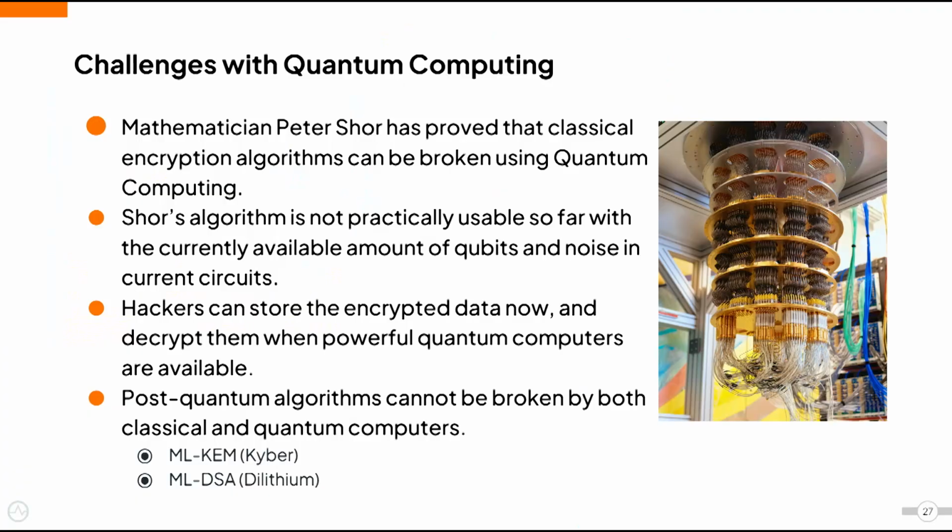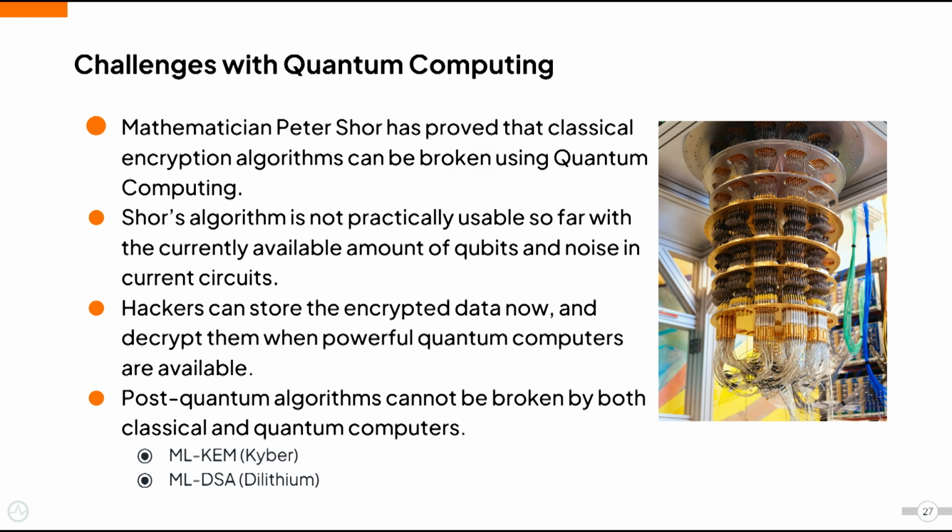Finally, I'm going to talk about an important challenge for cryptography and PKI, which is quantum computing. In the 1990s, mathematician Peter Shor proved that classical encryption algorithms can be broken using quantum computers.